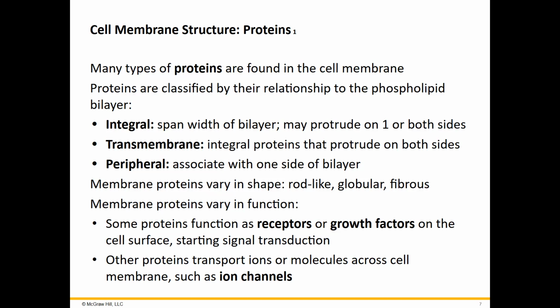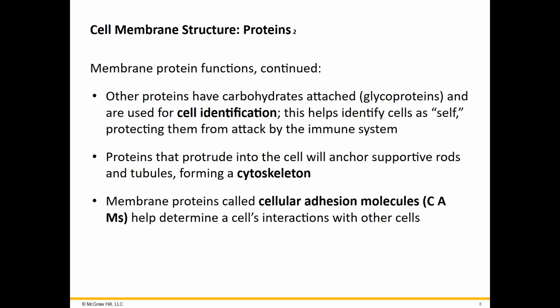Additionally, those transmembrane proteins are generally going to help carry things across, often things like ions, and in that case, they're just called ion channels. So this is about how things move in and out of the cell. Proteins are the thing that does it when it needs something special. That's what I really want you to take away from that.